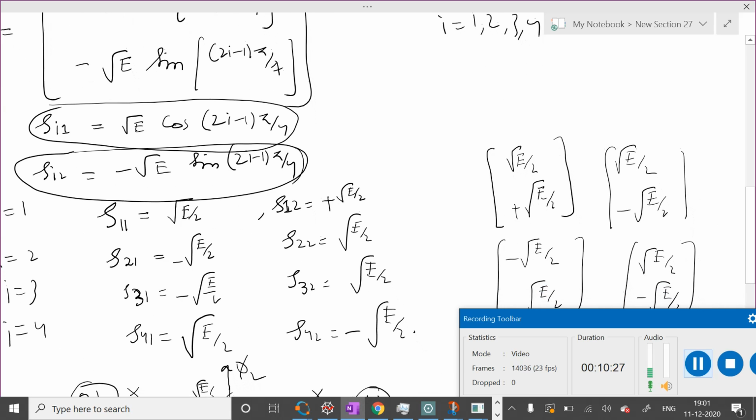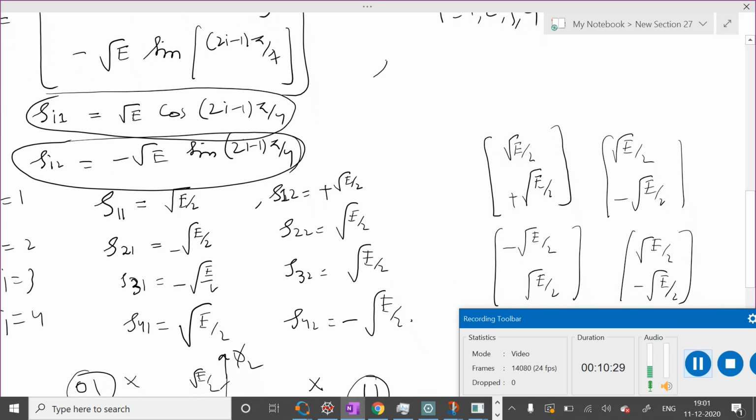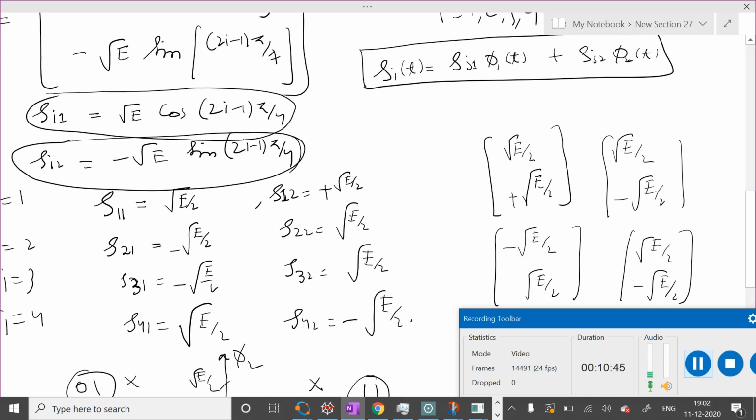So in fact I can also write Si of t as Si1 phi1 of t plus Si2 phi2 of t. This is another way of representing the QPSK signal.